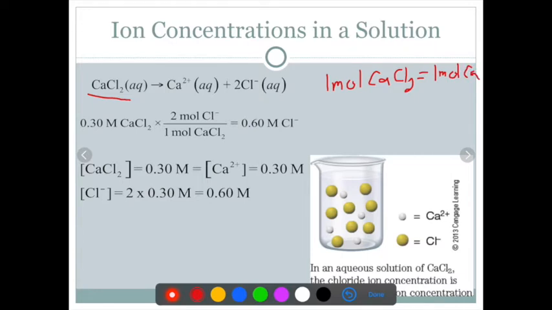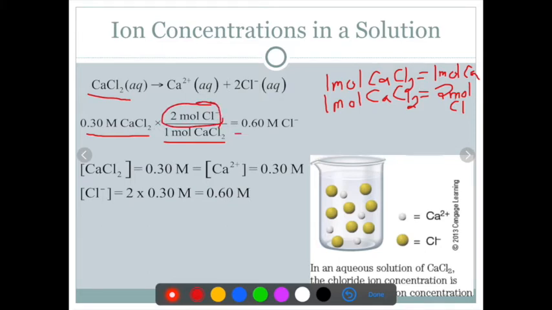Okay, if I have 1 mole of calcium chloride, then I have 2 moles of chlorine. Okay, so I use my subscripts to make that mole-mole ratio. Okay, so then I take the concentration of the compound here, which is 0.3 molar, and I put my mole-mole ratio in to where my compound will cancel, and I'll be left with the ion I'm looking for.